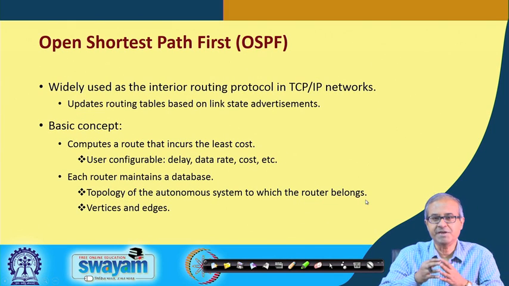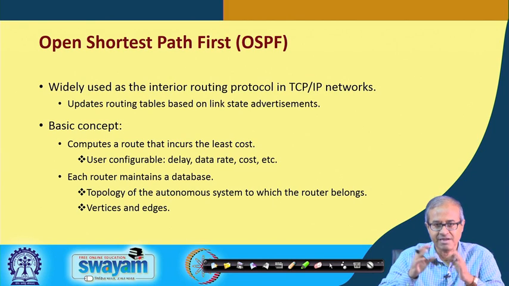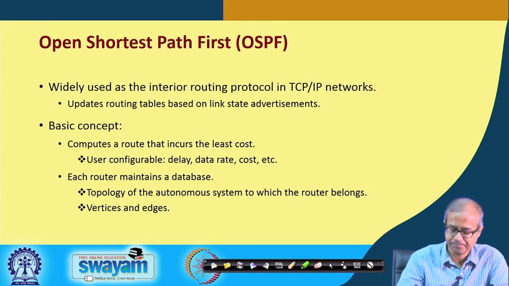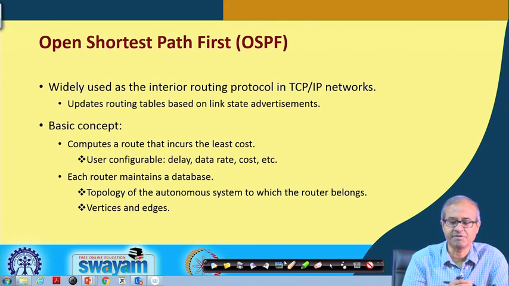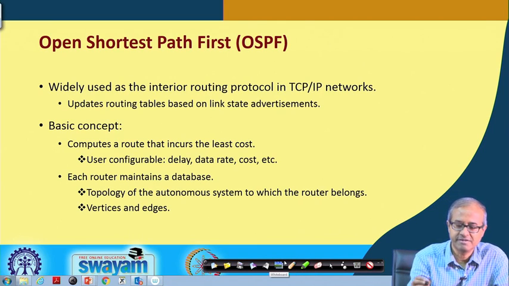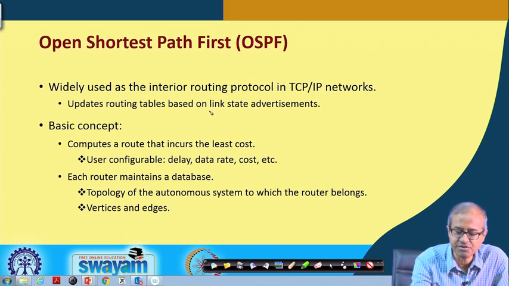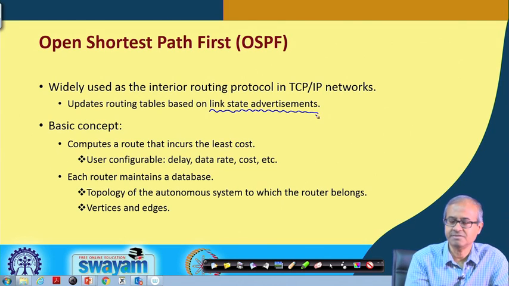Now, this OSPF, open shortest path first, this is more widely used as the interior routing protocol. Let us see some of the features of OSPF. Now, in TCP/IP networks, this is most widely used, as I said, and it relies on something called link state advertisements.